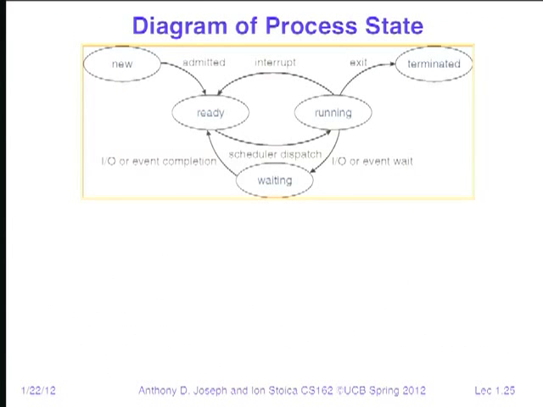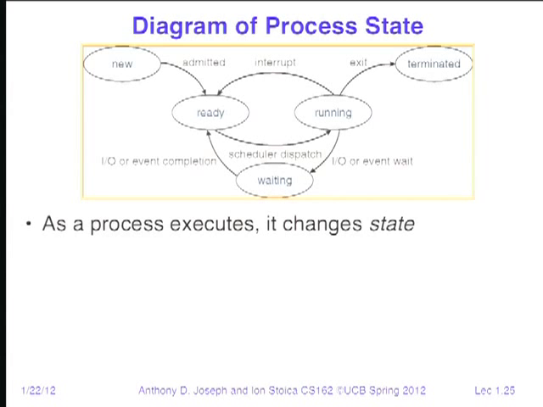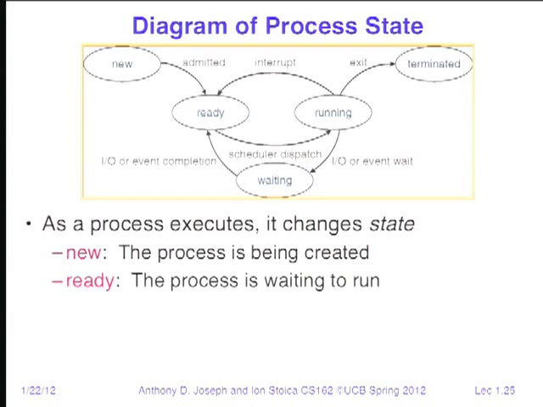Okay, so let's look at the life cycle of a process. As a process executes, it's going to go through these different states of operation. First, the process is created in the new state. Then it's admitted to the system and put on a ready queue and marked as being ready. That means it's ready to run. And then eventually, the scheduler picks it and it gets to run.